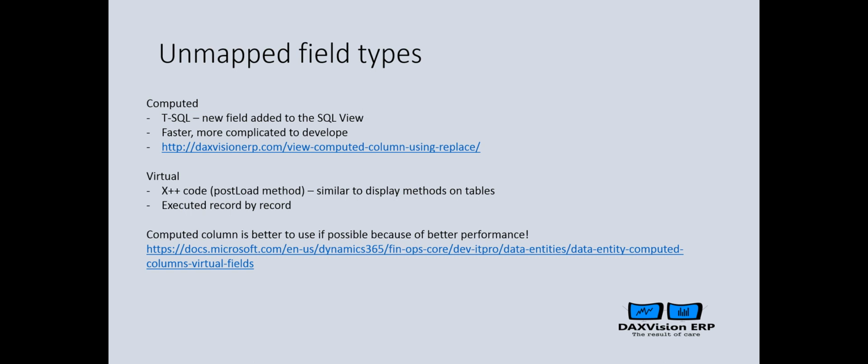So you should be clever with using them, but sometimes you can only create some fields using this technology. There is a good description of these two unmapped field types under this Microsoft documentation.